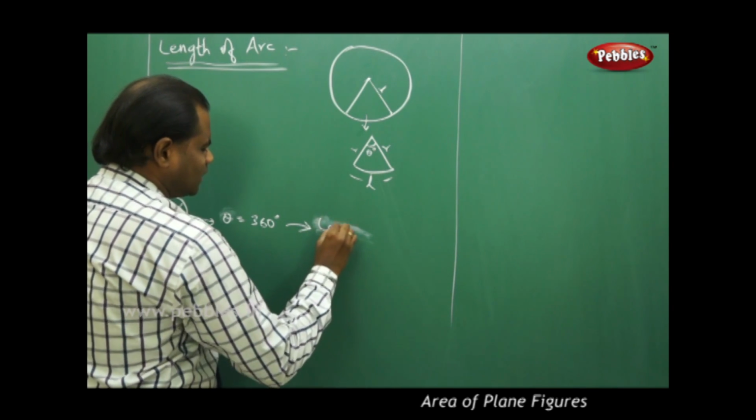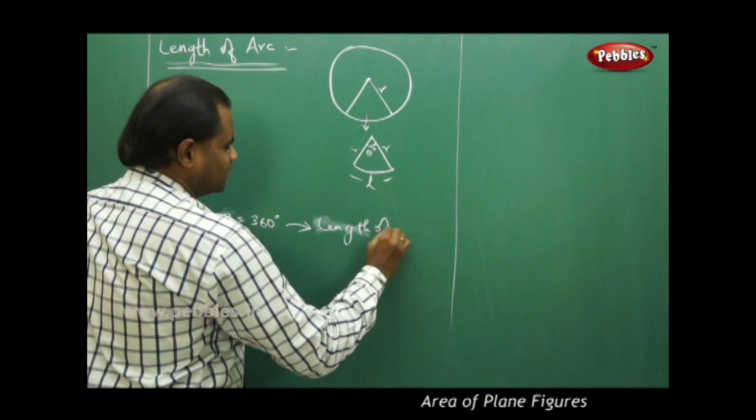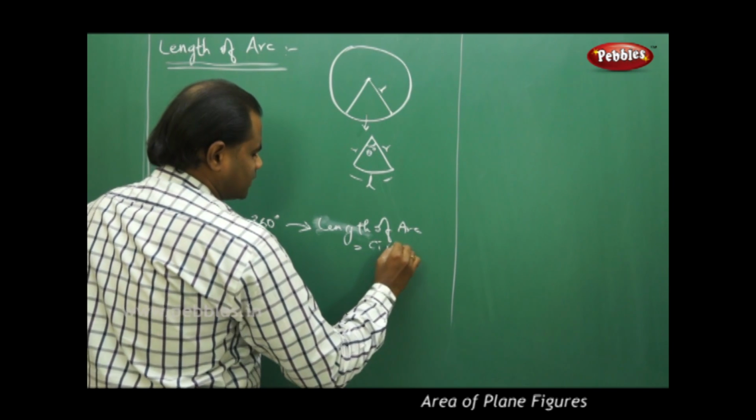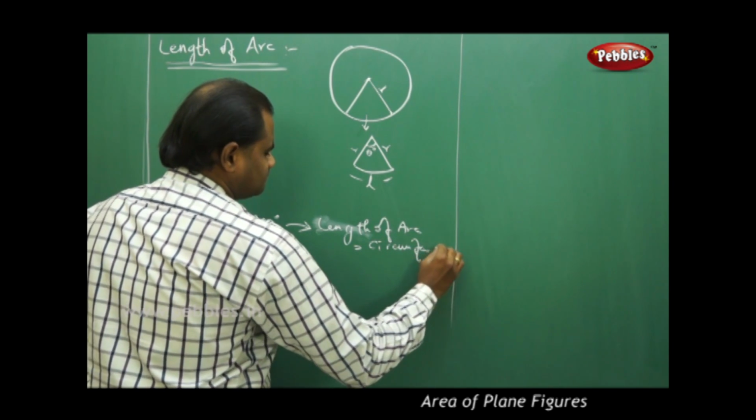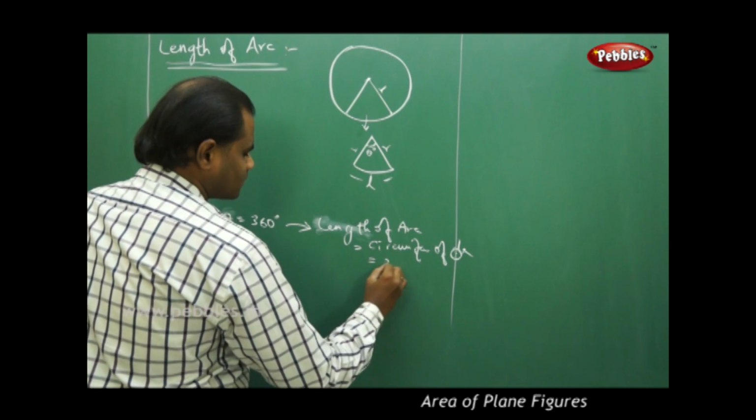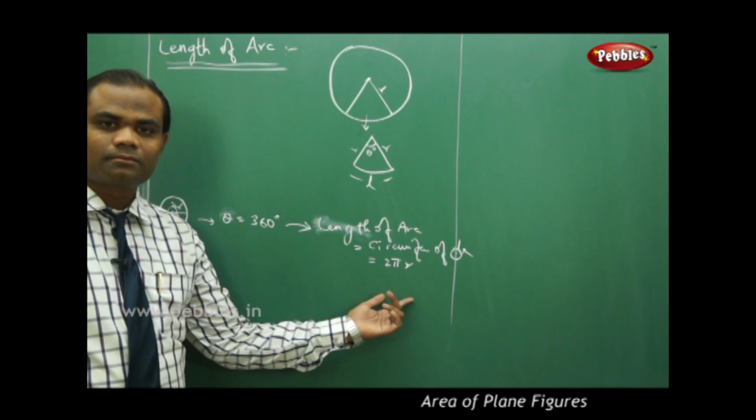Therefore, my length of arc in this case would be the circumference of the circle, which is nothing but 2 pi r.